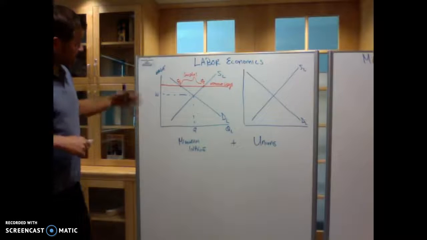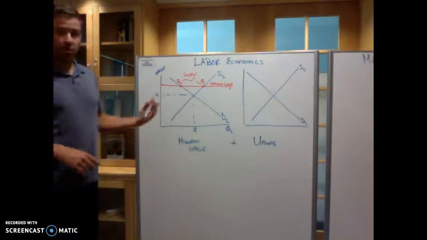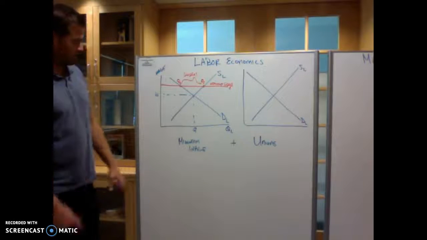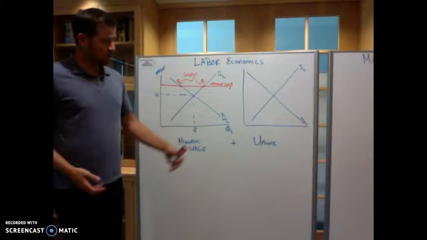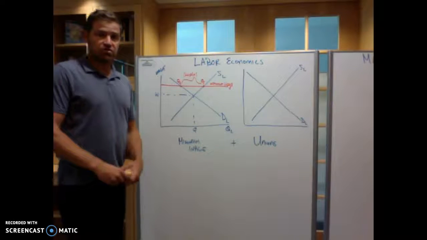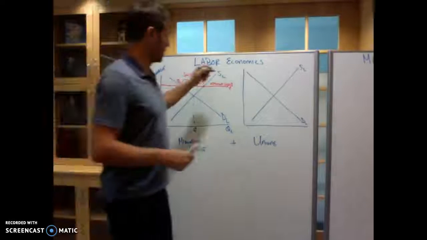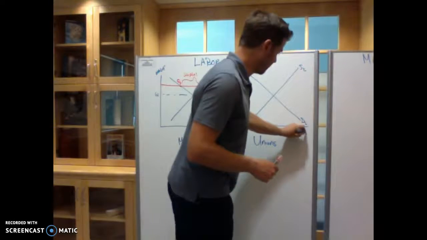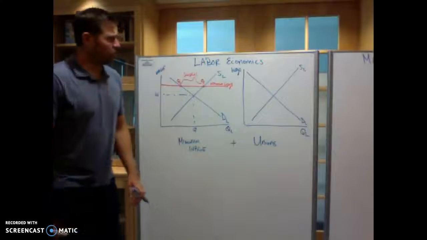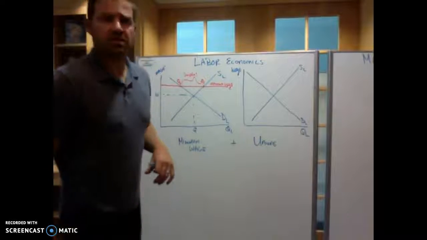So that is basically how the supply and demand for labor works. I want to throw one more thing at you since we're studying labor economics. What is it that unions do? How do unions interact with this supply and demand of labor? Again, we have the wage and the quantity of labor. Do unions fight for better wages?